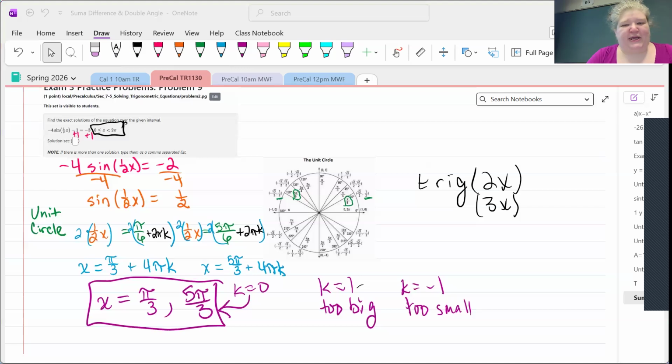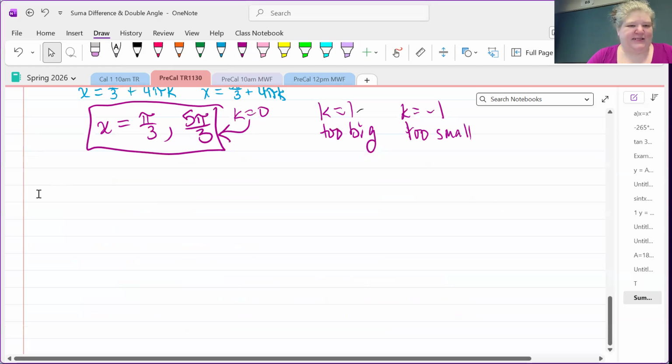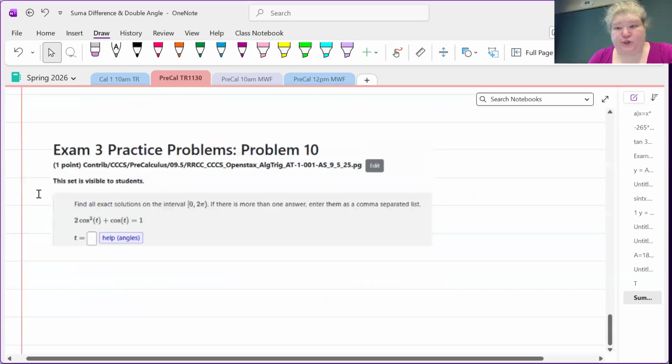All right. Now, when we look at 10 and 11, we've got factoring. So I'm going to go with problem 10 because the numbers are smaller.